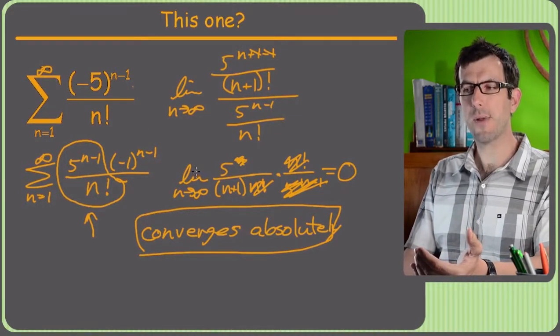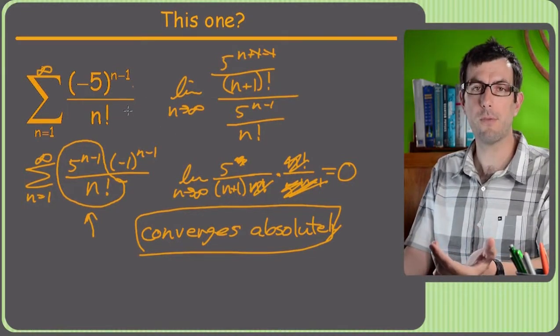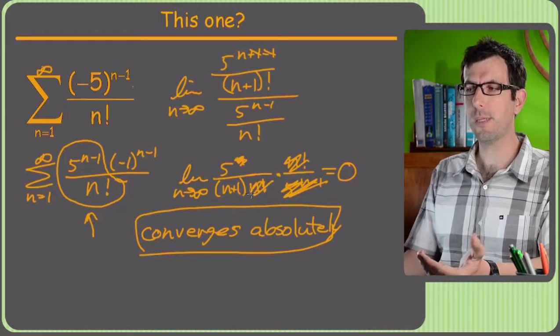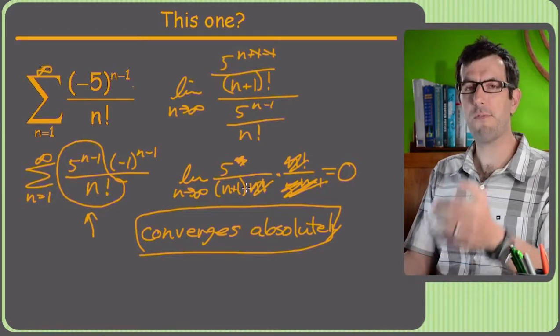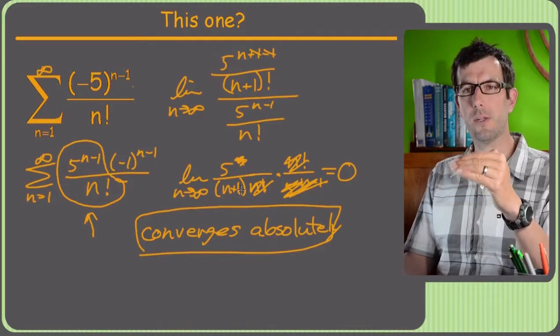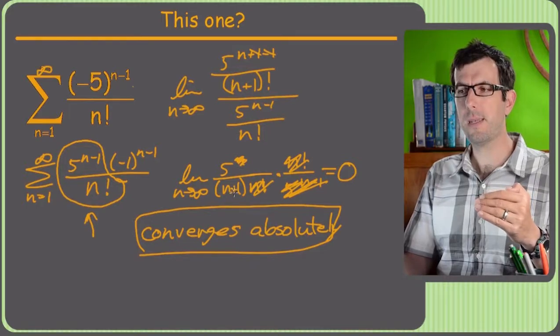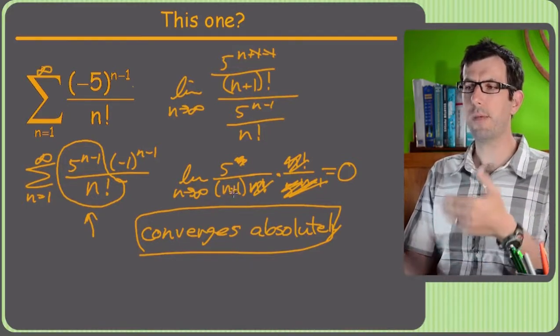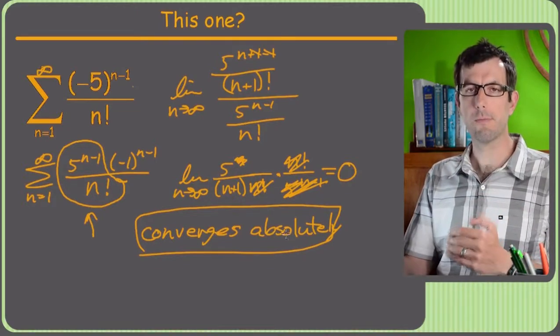So the best strategy was just to go straight to the ratio test, since it looks like something the ratio test would be good for. And the ratio test told us it converges absolutely. So instead of figuring out it converged as an alternating series first and then doing a test for absolute convergence, we went from 0 to 60. We went from having no idea what was going on to going straight to converging absolutely.